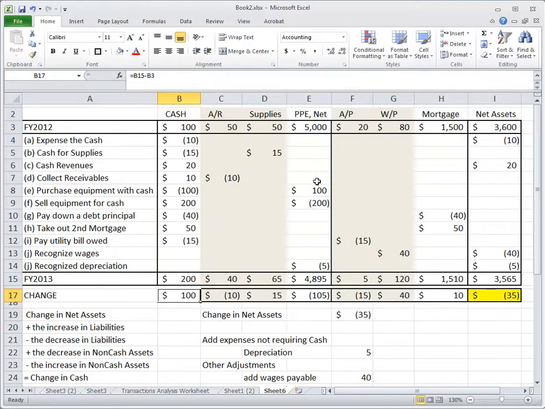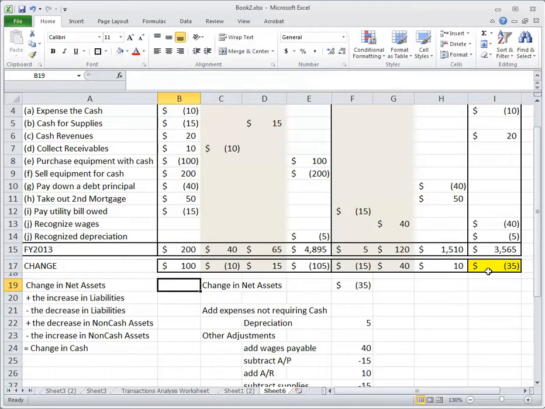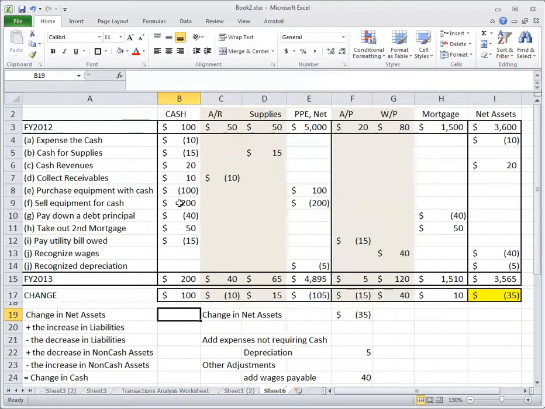And this helps us understand that this is a problematic situation, because we are only keeping our cash liquidity levels up by selling assets, and we can't do that forever.